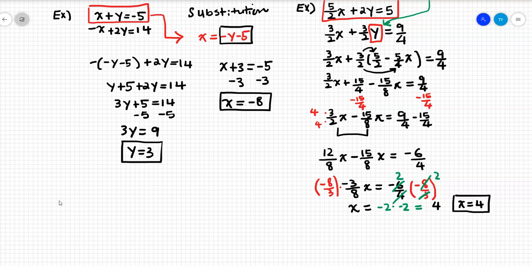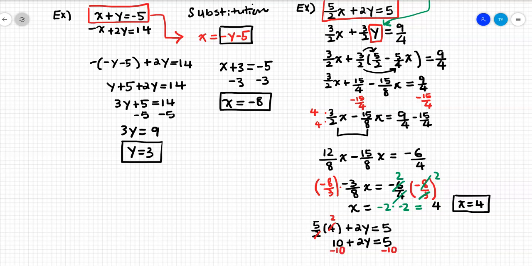Now let's plug that in. So you got 5 over 2 times 4 plus 2y equals 5. As you can see, the 2 and 4 cancel out, giving us the 2 on the top. So you got 10 plus 2y equals 5. Then we are going to subtract 10 on both sides.